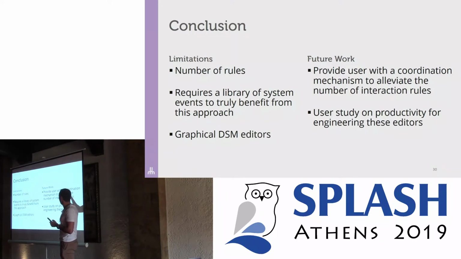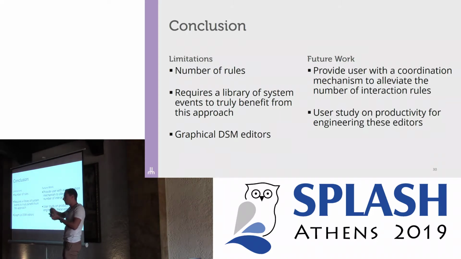We actually have a journal extension of this paper. We're working on a coordination mechanism that allows you to reduce the number of rules by defining the equivalent of CTT operators, for those of you who may know that.